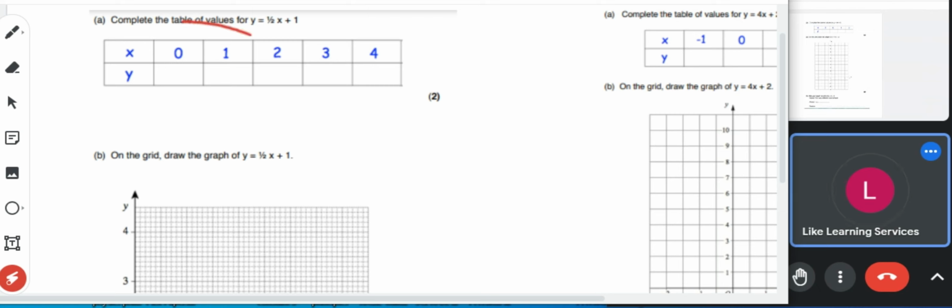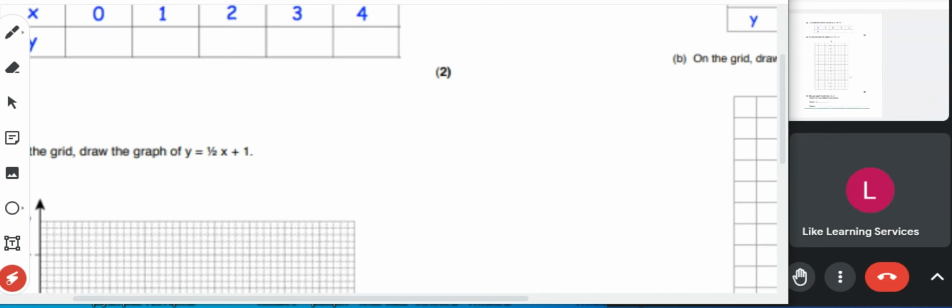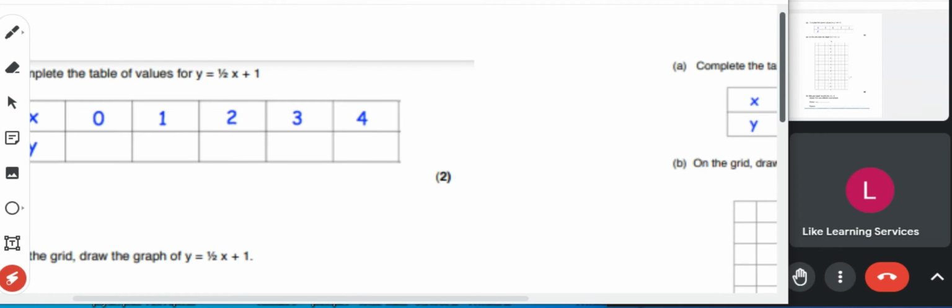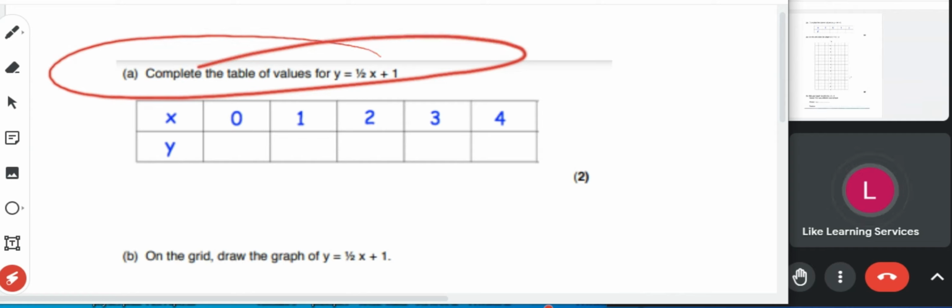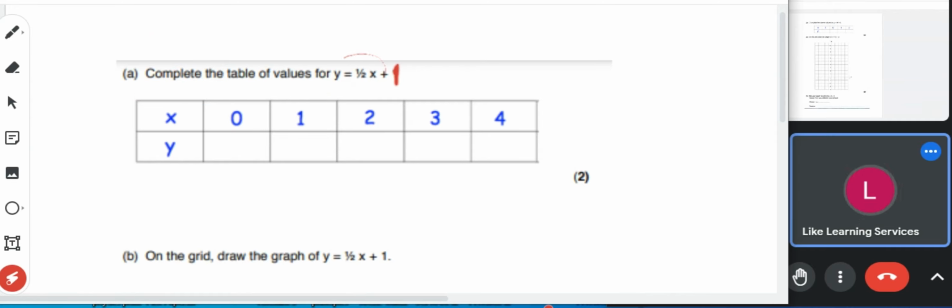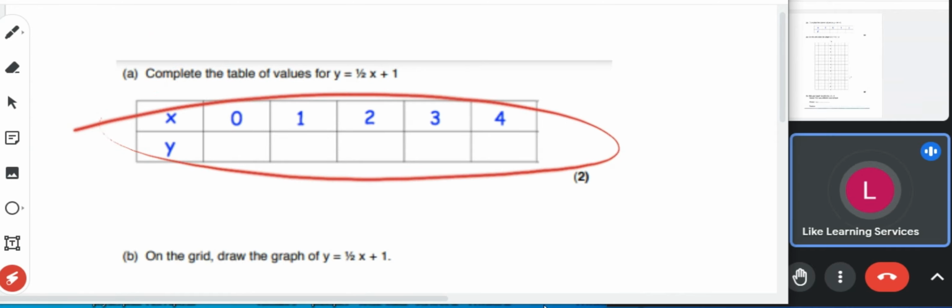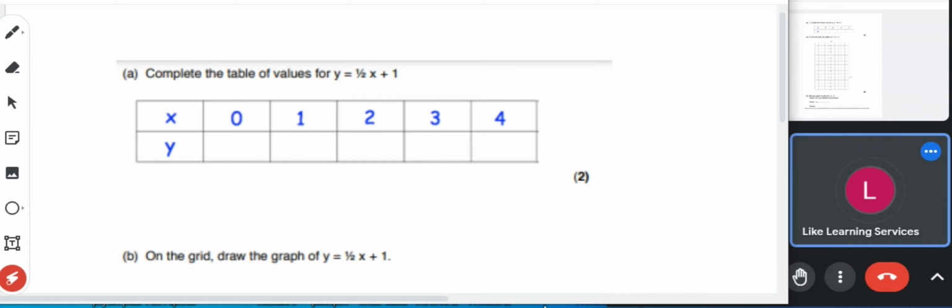The question is y equal to half x plus 1. So let's complete this table.